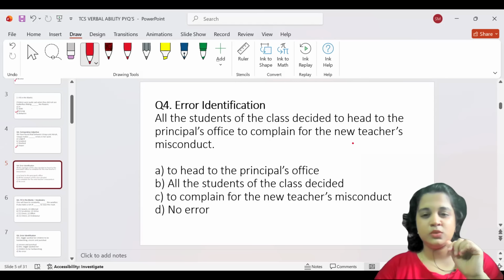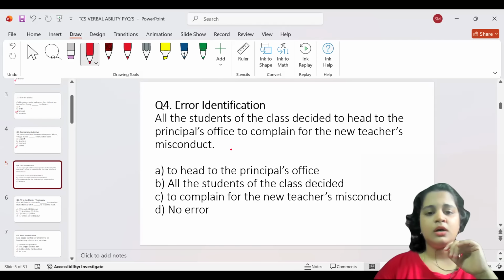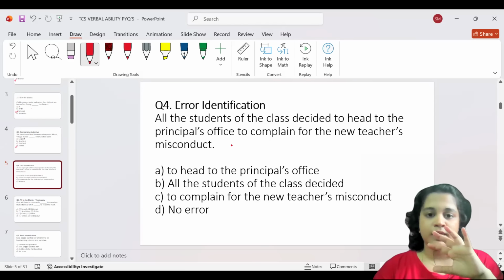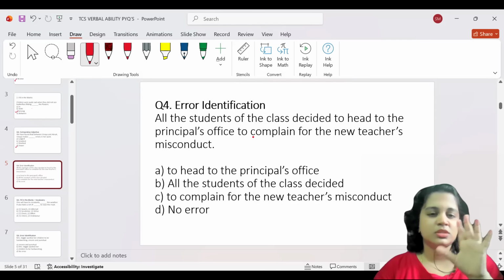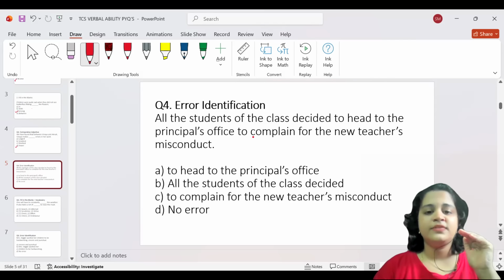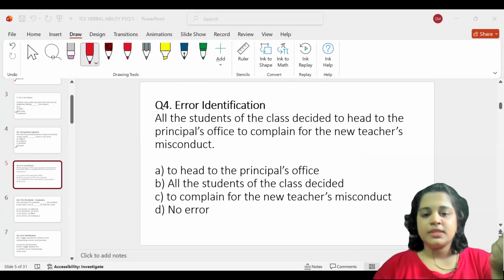So that is your object again, but a direct object answers the question what, and an indirect object answers to whom. But for solving questions, it's sufficient if you know if it is a subject, object, or a complement. All right.